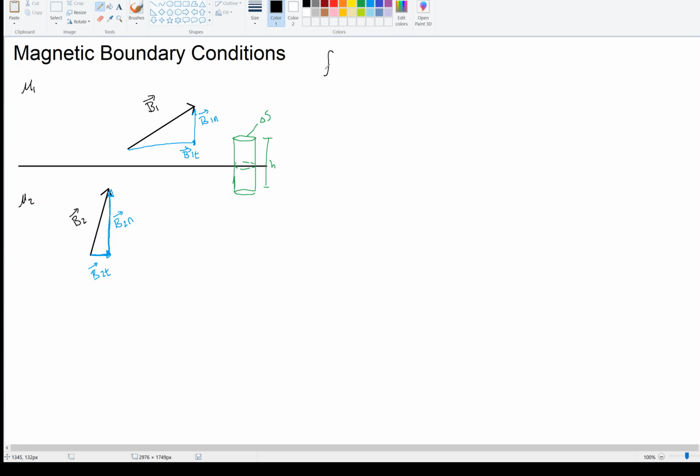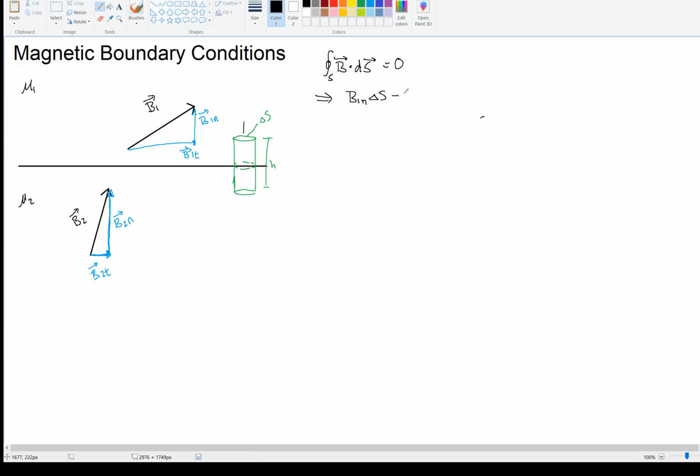Now, Gauss's law for magnetism: remember, there are no magnetic monopoles. So there's no way that this thing is enclosing any net magnetic charge, so we're going to say that it's equal to 0. When I look at the flux that passes through this thing, the normal components give B1N times delta S. B1N, because that's the normal component, leaves the surface, and leaving is positive flux.